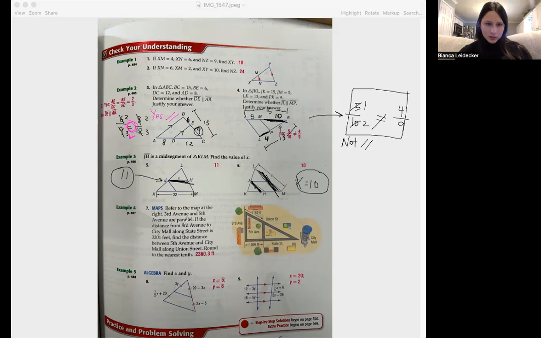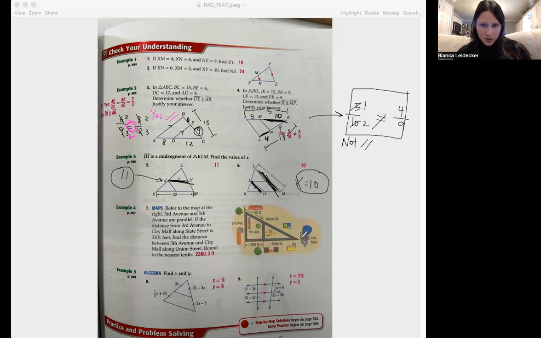Number 7, it's a word problem, but we just have to fill out the information that we have, and we're going to solve it just like what we had above. So we're looking at the map, and it's actually labeled for us, which is really nice. And it says, if the distance from 3rd Avenue to City Mall along State Street is 3,201 feet, find the distance between 5th Avenue and City Mall.